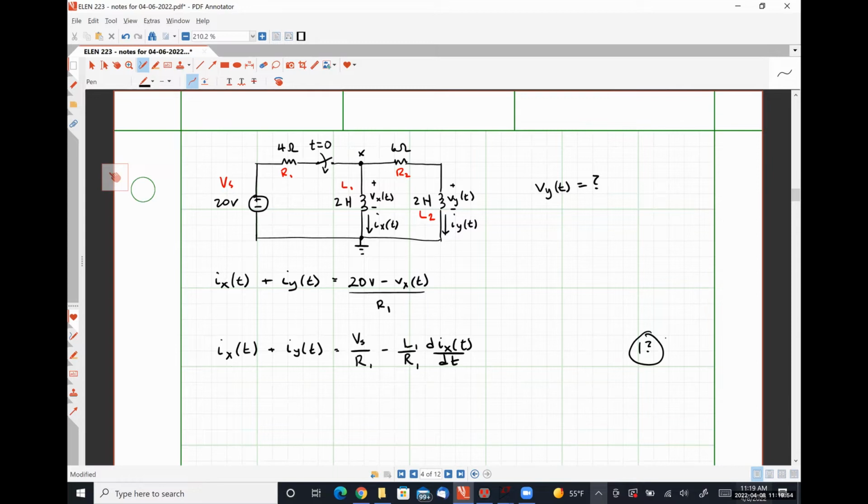KVL around the right-hand loop seems perfectly reasonable. So we can see that our voltage Vx is equal to the voltage drop over the 6 ohm resistor plus the voltage Vy.